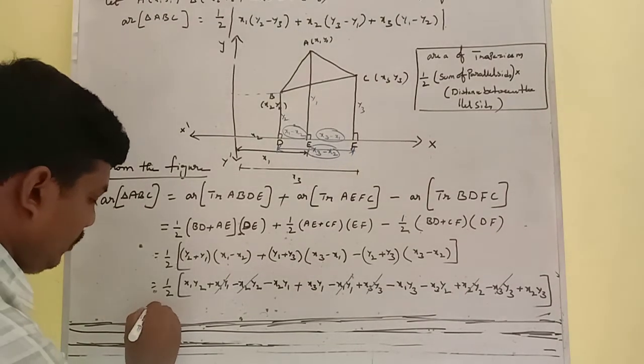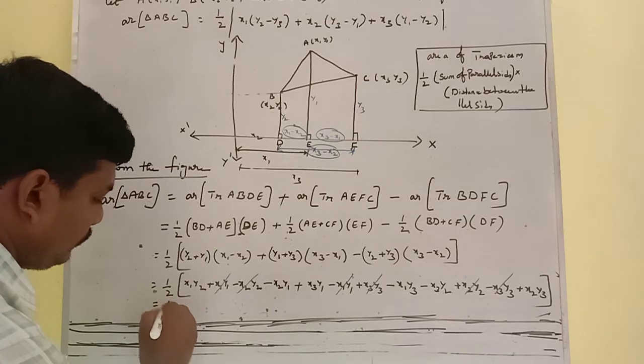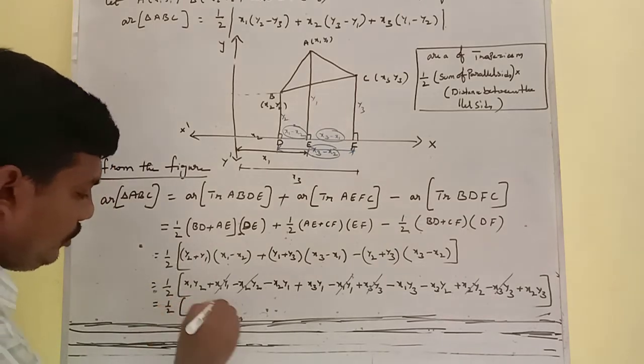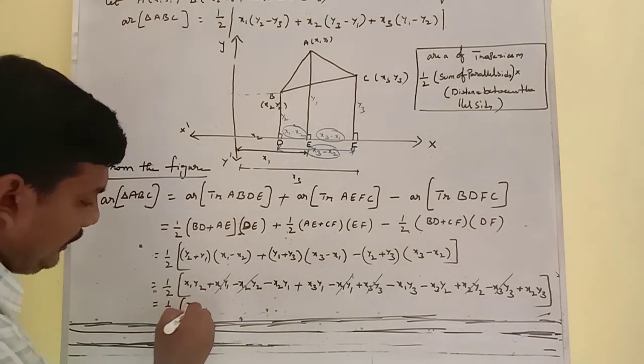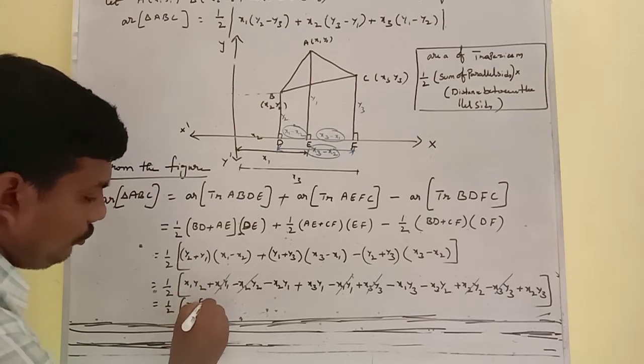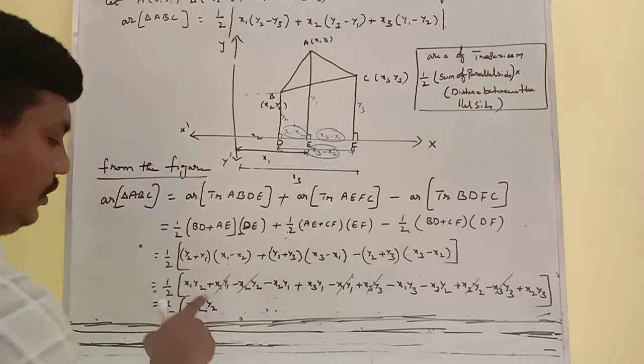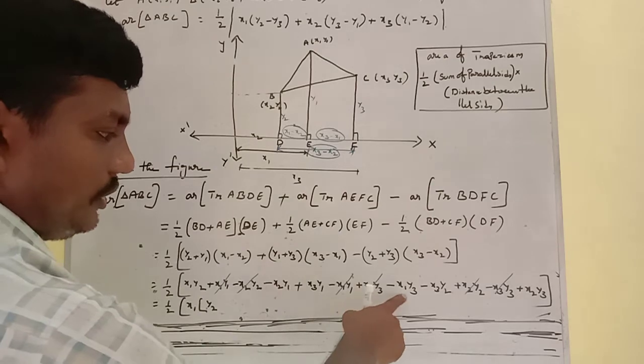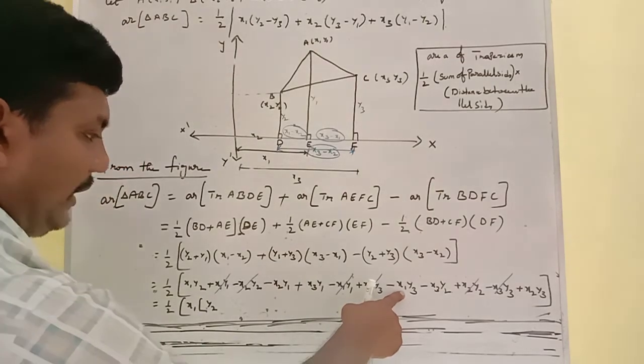This is half into: take x1 as common, x1 y2 where this is the x1 term. So x1 taken as common, minus y3.